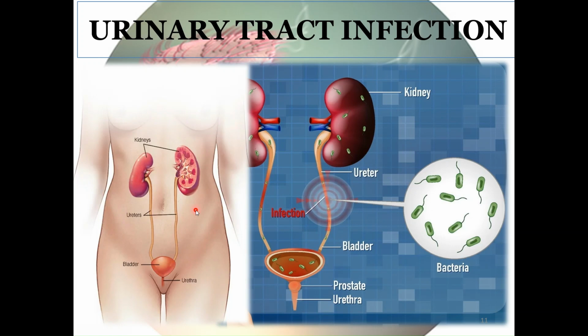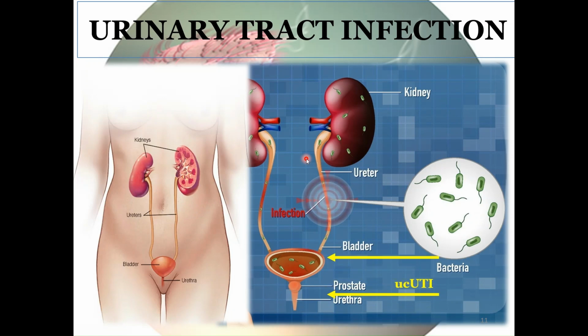The next one is urinary tract infection. If the infection happens in the urethral area, we call it uncomplicated urinary tract infection, so it needs a low dose and dosage for the treatment. But when the same infection spreads into your ureter and your kidney, we call it complicated urinary tract infection.